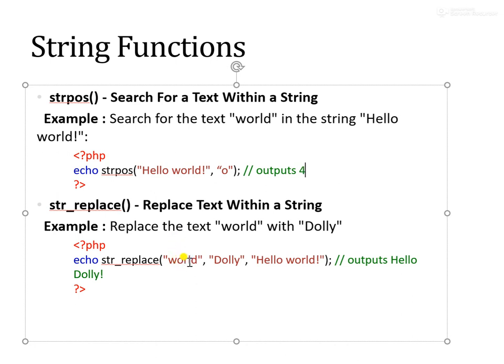Second, which word you want to replace it with: I want to replace it with dolly. Third, in which string you want to do this replacement. So the output is that it will search for world in the input string, and wherever world occurs it will replace it with dolly.